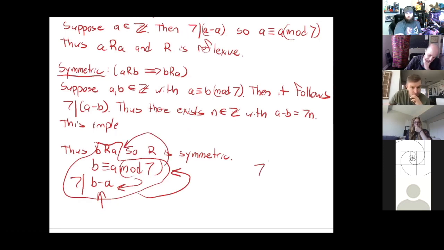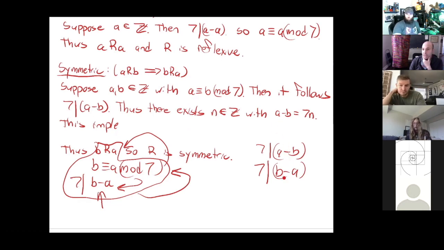And so I would like to show that 7 divides B minus A. We know that 7 divides A minus B. The reason that would be the case is these two things just differ by a negative sign, right? So that's not going to affect what integers are divisors of it. So that was a good idea: let's go ahead and multiply both sides of that equation by -1. In other words, that would tell me that B minus A is equal to 7 times minus N, since A minus B is 7N.